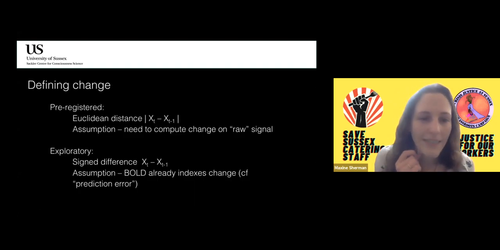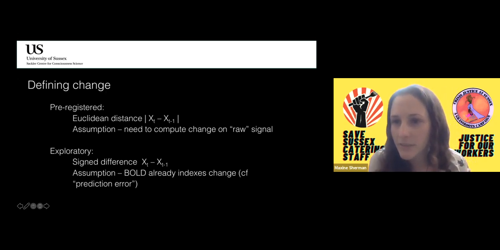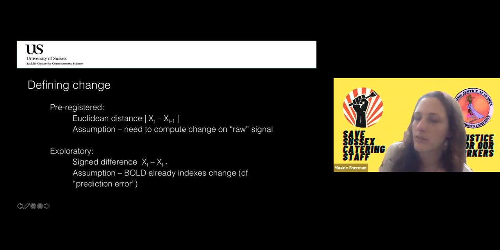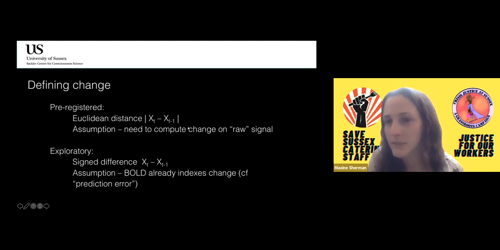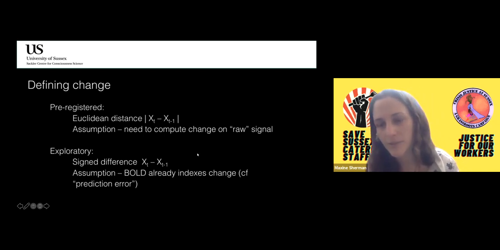So, a quick caveat here. When I said change over TRs, what does it mean? The pre-registered analysis was the absolute difference between BOLD at one TR and BOLD at the previous TR. So the assumption here is that BOLD represents some raw stimulus-driven signal that we compute change on top of. But then we also ran an exploratory one where we don't take the absolute difference.